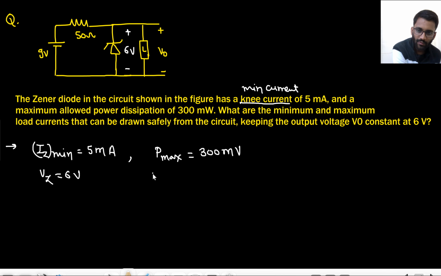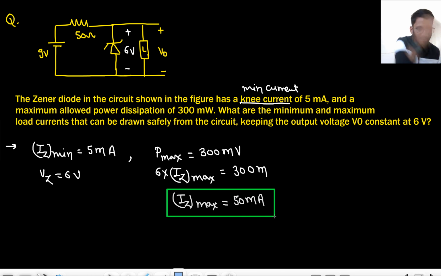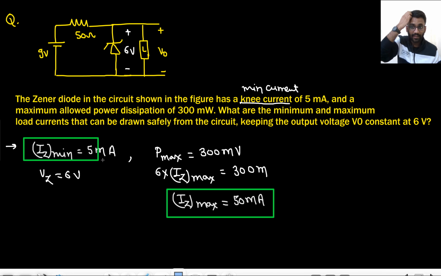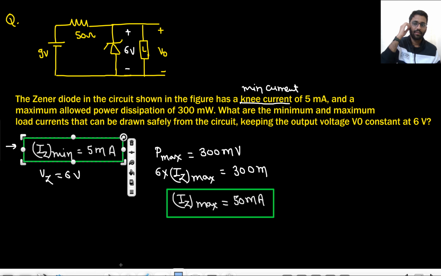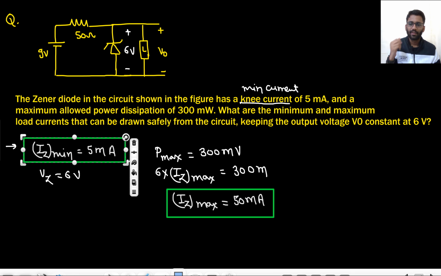That means VZ, that is 6, into IZ max is 300 milli. That means your IZ max would be 50 milliampere, right? IZ minimum is 5 milliampere.